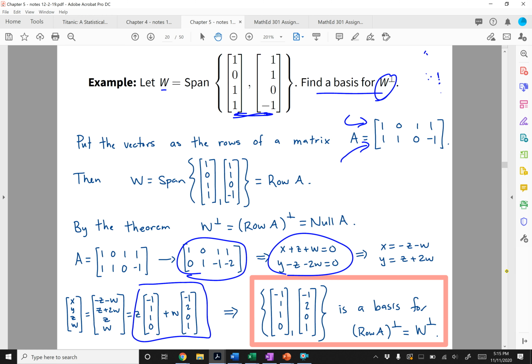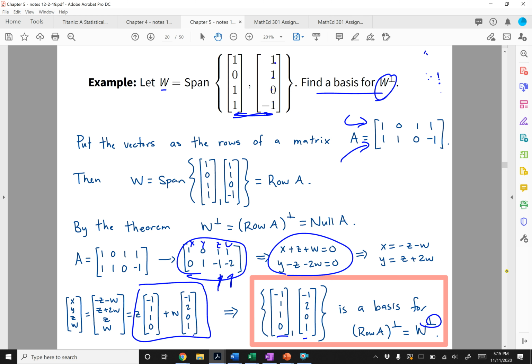We get this thing at the end, because we have these two free variables here. If this is x, this is y, this is z, this is w, we end up with two vectors here that are in the null space, and these are basis vectors for the null space, and so they are a basis for the orthogonal complement of W. We knew we would have 2 from the beginning because we're in R4.